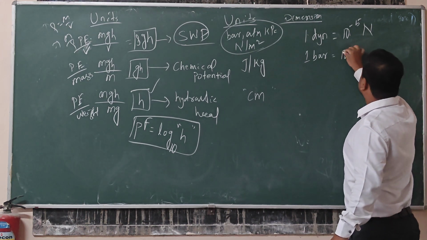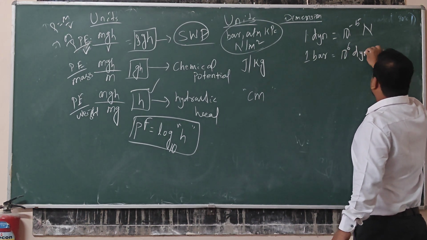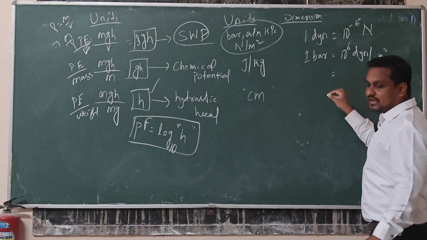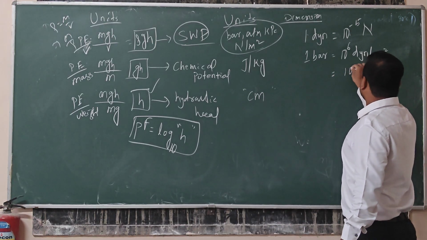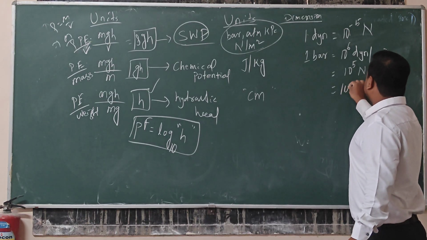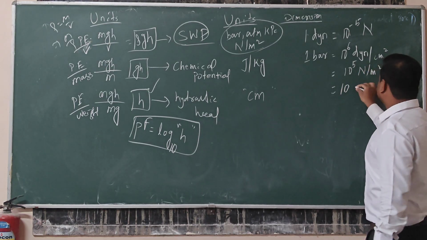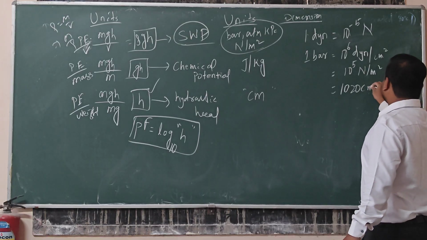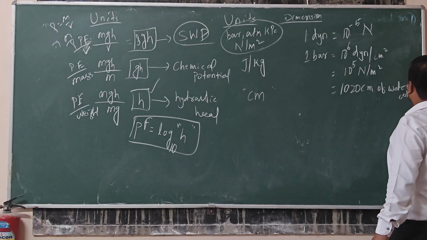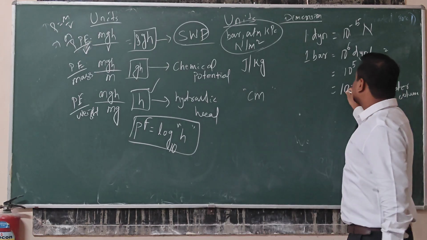1 bar is 10 to the power 6 dyne per centimeter square, 10 to the power 5 Newton per meter square, and 1020 centimeter of water column. Centimeter of water column, that I told you is a head unit.